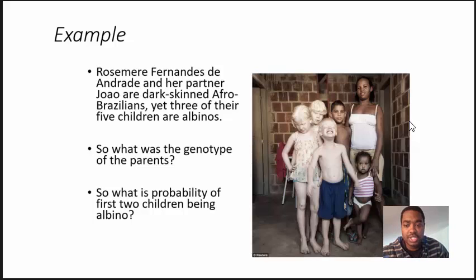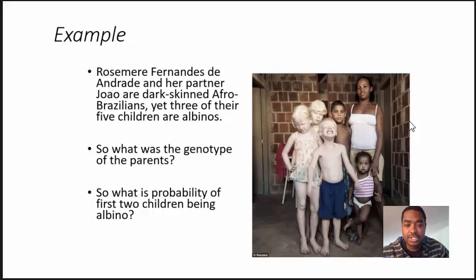Maybe some of you will be genetic counselors in the future. For a trait that is inherited as simply as albinism, albinism is an example of complete dominance. By that I mean albinism is a recessive allele, so you need 2 copies of the recessive allele to be albino. And you can calculate the probability that 2 individuals might have a child with albinism.